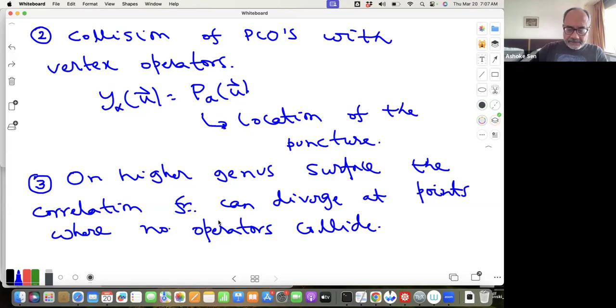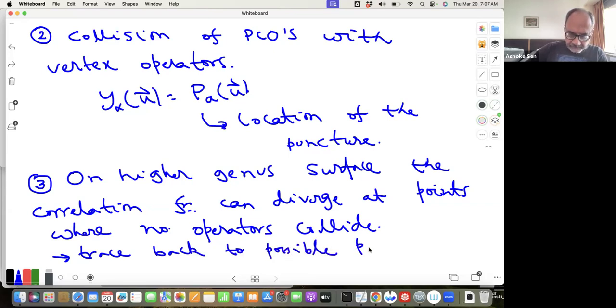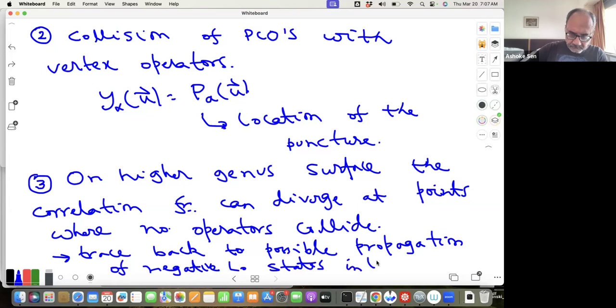Essentially, you can trace this back to possible propagation of negative L0 states in the loops, because as we discussed in the beta gamma phi system, on some vacuum you can have arbitrarily large negative L0 eigenvalue.